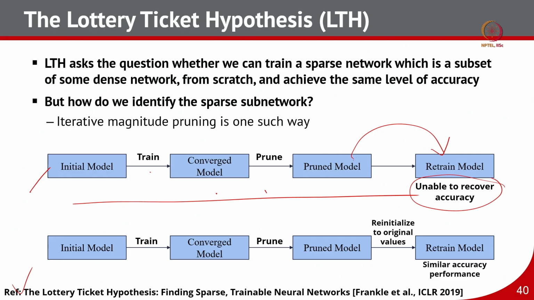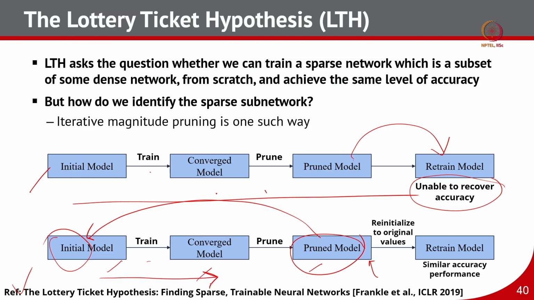Now, instead the lottery ticket hypothesis says it does not change the flow much. Again we have this initial model, after training the model is converged, then we prune to get a pruned model. After we have this pruned model, they are saying we should reinitialize to the original values. So, remember in the initial model, all the weights were initialized with random weights, right, and then it got trained.